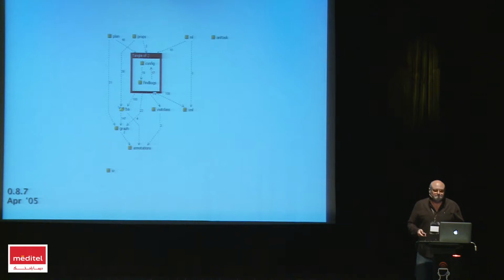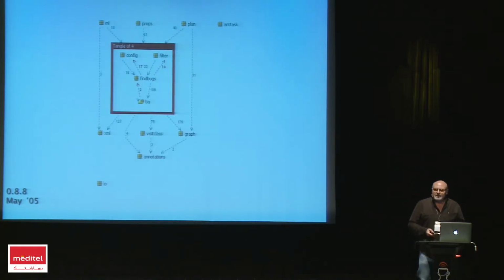So it's not the end of the world, it's only 2 packages. But here we have now BA has been sucked in. This is in fact quite a chunky package. A lot of stuff goes into BA. And it looks like just a little accidental weighting of 2 dependencies back to FindBugs, where there's 186 the other way.